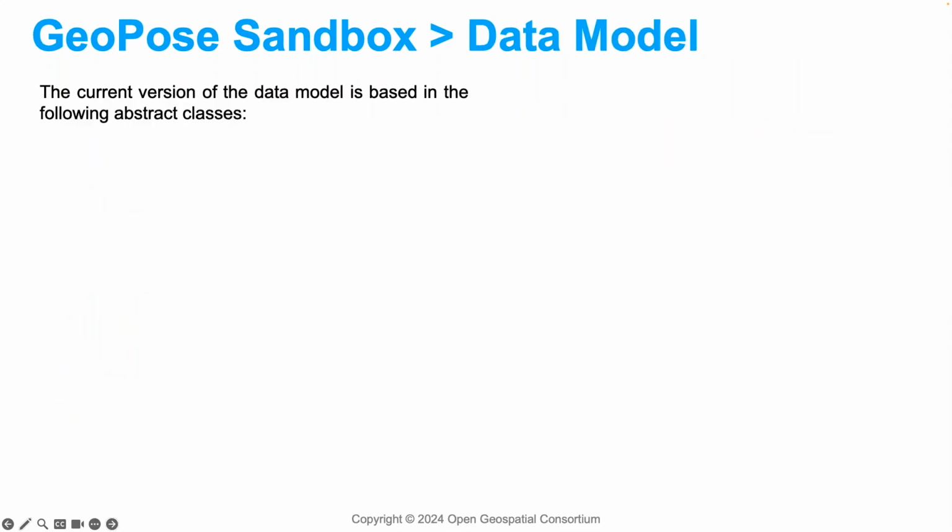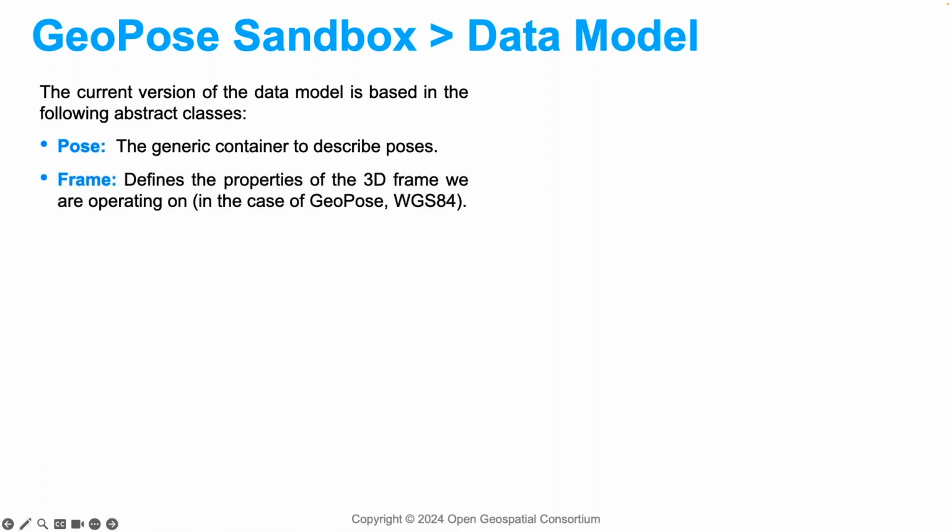It is important to mention that there is a data model that you can use, which is the abstraction of GeoPose, containing general poses, not just GeoPose, but any kind of pose. Next, with a frame that normally is the Earth, but can be any kind of 3D visualization frame, so that we can take advantage of Minkowski spaces, Euclidean spaces, any kind of coordinate reference system you can think of.